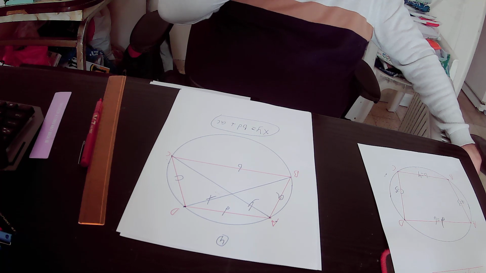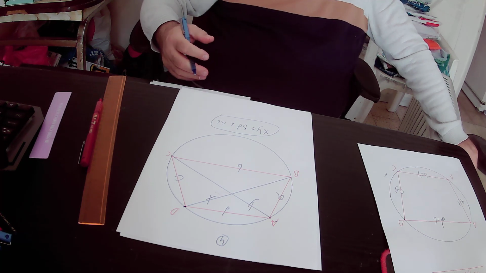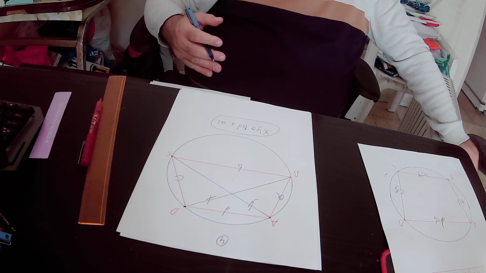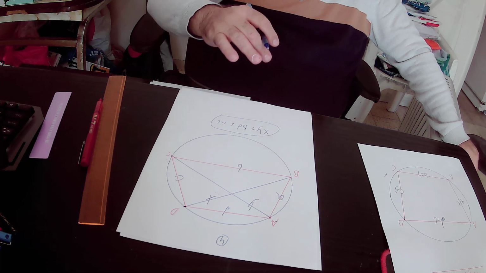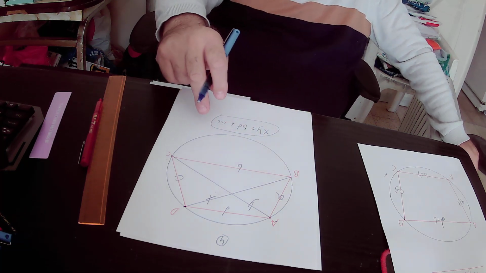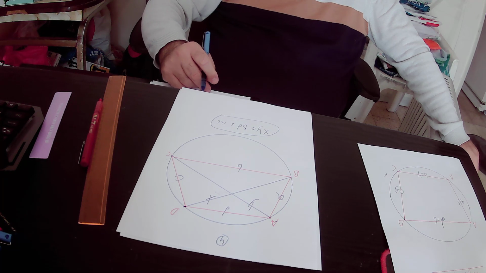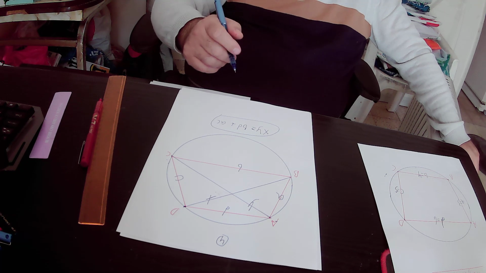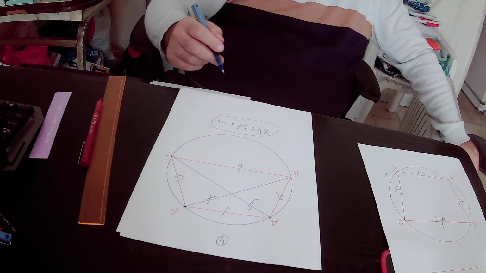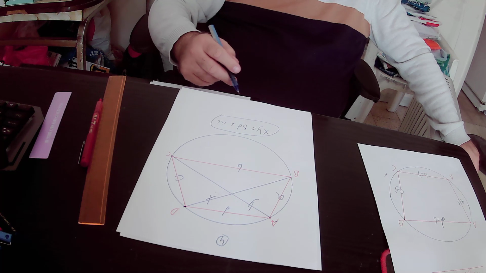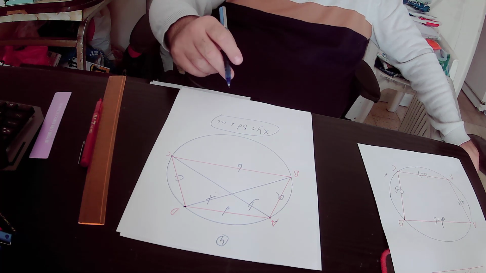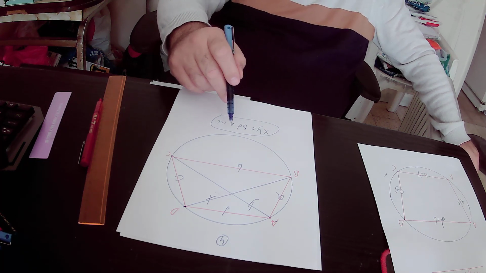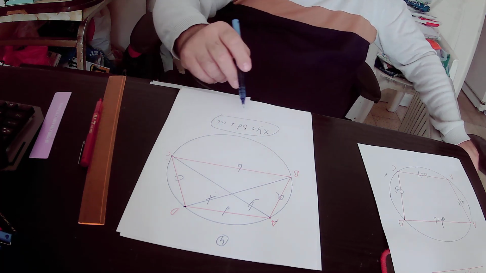Okay? So if you have quadrilateral ABCD, any quadrilateral, inscribed by a circle like in this drawing, then the product of the diagonals is x times y, and according to rule number 2, x times y equals the sum of the products of its opposite sides, which is actually BD plus AC.